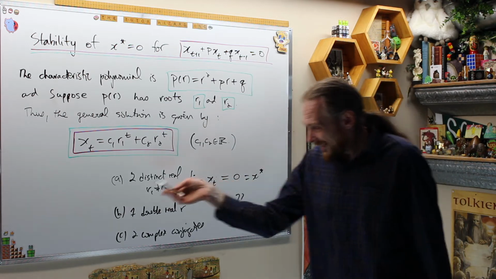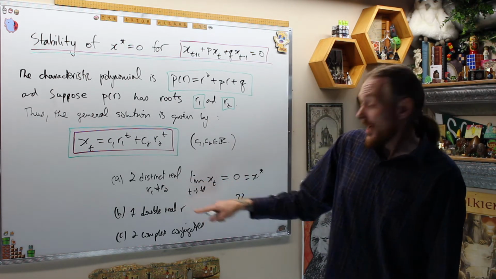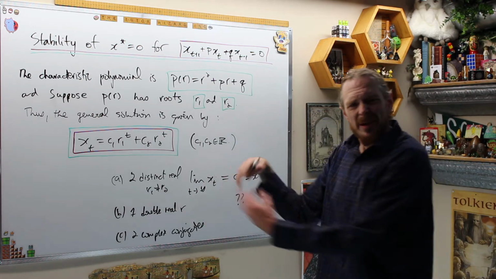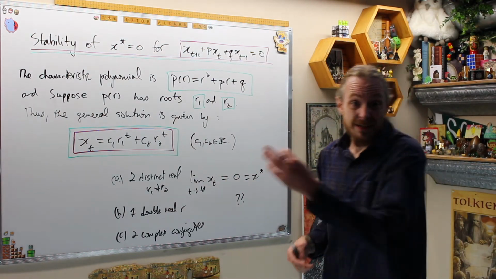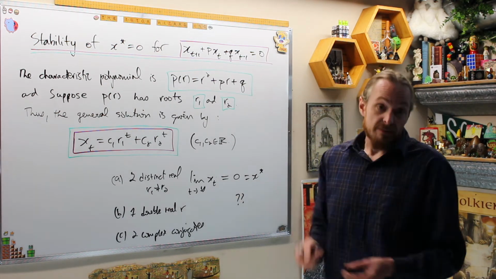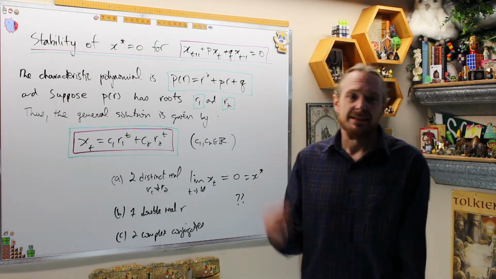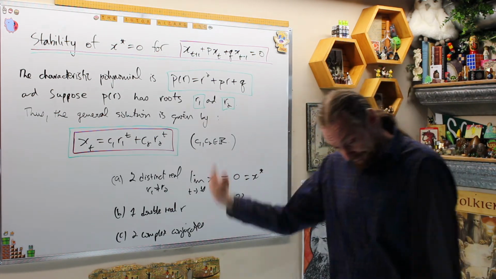We're going to go through and systematically look at, there's going to be 6 cases here, there will be 2 cases here, and there will be 3 cases here. And when we look at all those different cases and when we have stable and unstable, we'll summarize this in one theorem and say if and only if the absolute value of these roots is less than 1, the maximum of them. Something like this. Let's go through all these 3 cases.